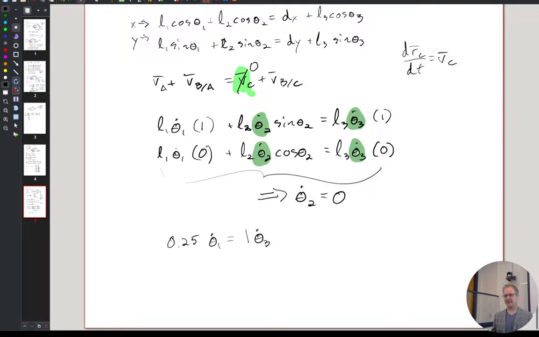Yeah, because L1 is smaller. So it's like a trade-off. Factor 1/4. So theta 3 is moving at 1/4 of theta 1 dot, at least 1/4 speed.